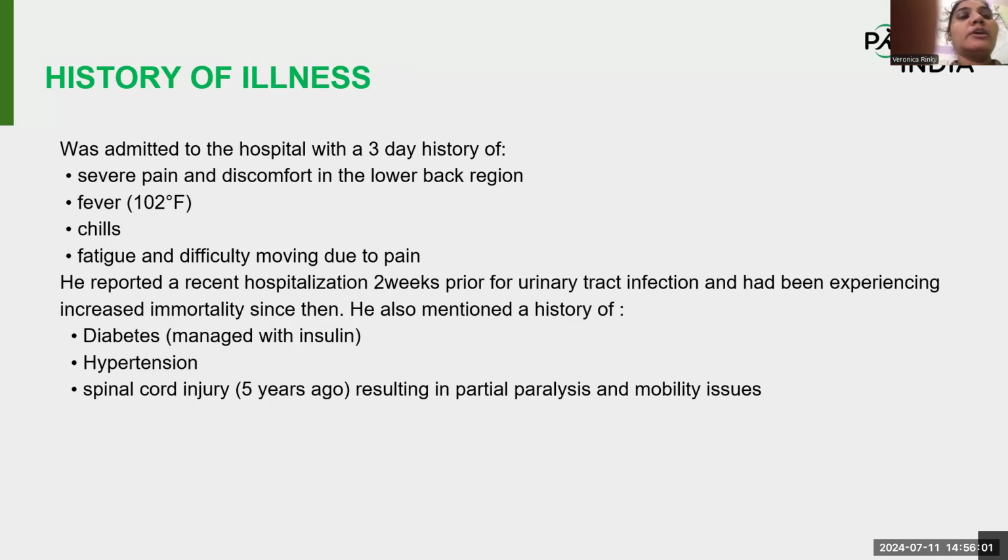He reported a recent hospitalization 2 weeks prior for urinary tract infection. He had been experiencing increased immobility since then. He also mentioned a history of diabetes managed with insulin, hypertension, and spinal cord injury 5 years ago, resulting in partial paralysis and mobility issues.